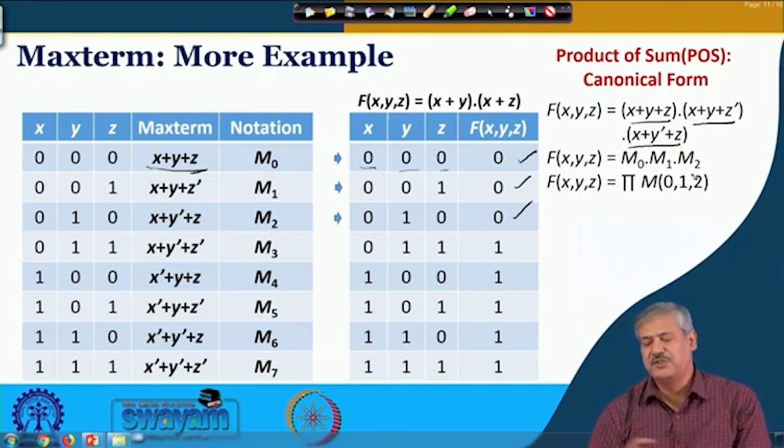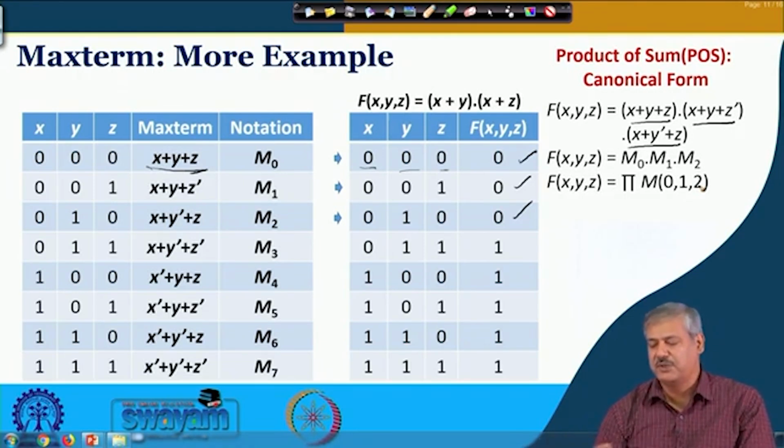So, this is your M0, M1 and M2, and a more compact representation is the product pi, that is the multiplication, the ANDing, of max terms 0, 1 and 2. Okay. Is it clear? So, this is also called canonical representation because all the variables are involved in all the max terms.